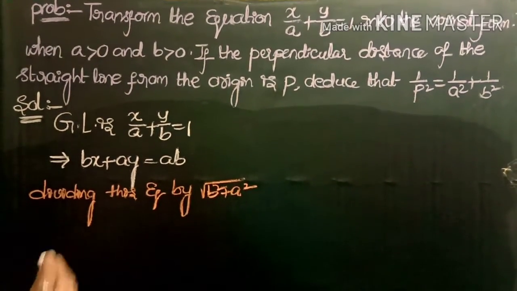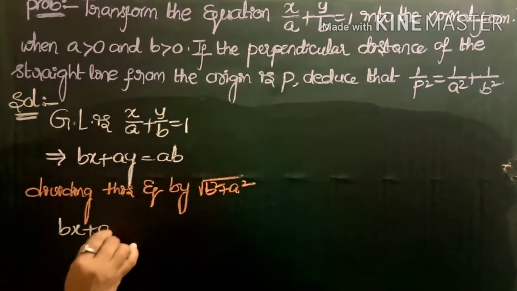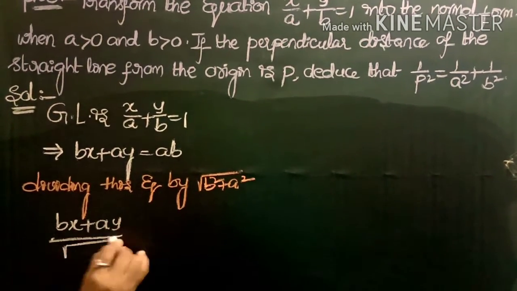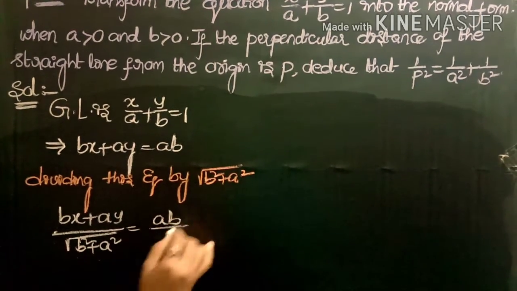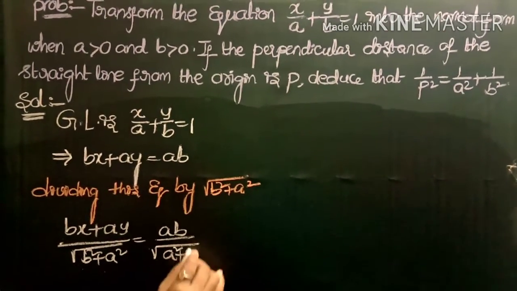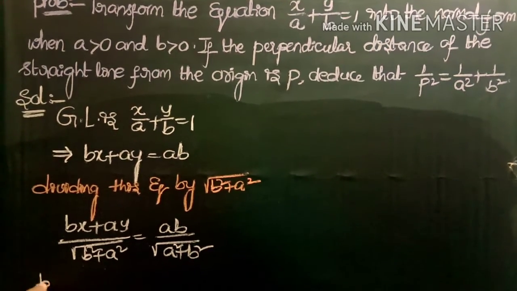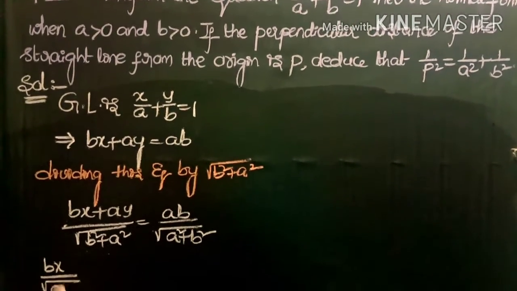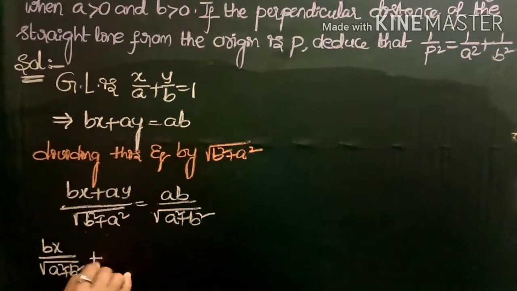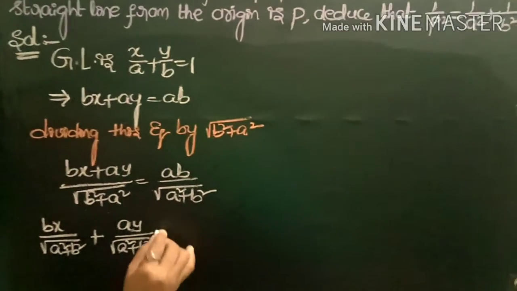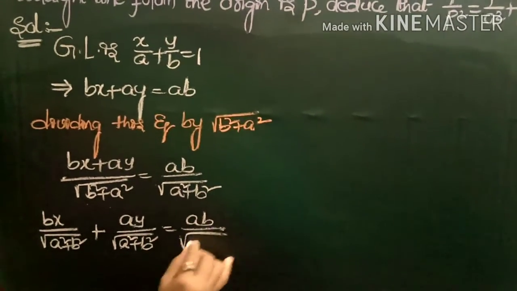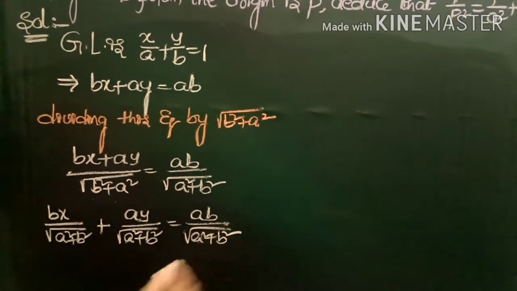That is, bx plus ay by square root of b square plus a square is equal to ab by square root of a square plus b square. This is bx by square root of a square plus b square plus ay by square root of a square plus b square is equal to ab by square root of a square plus b square.